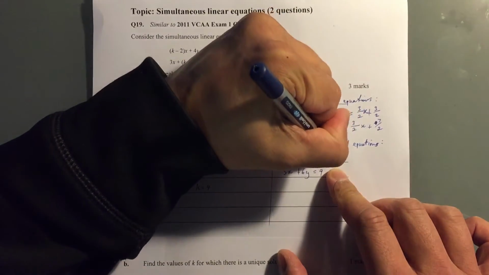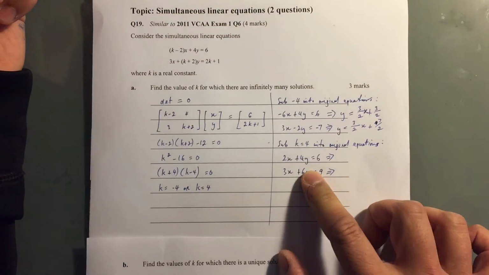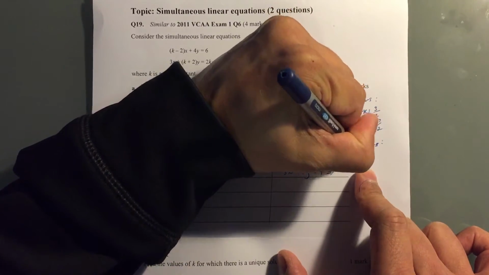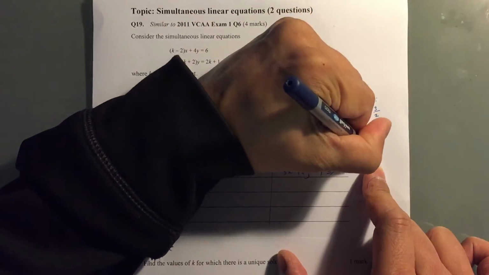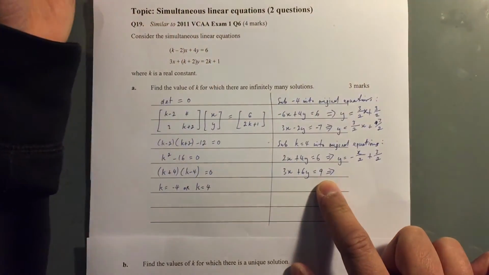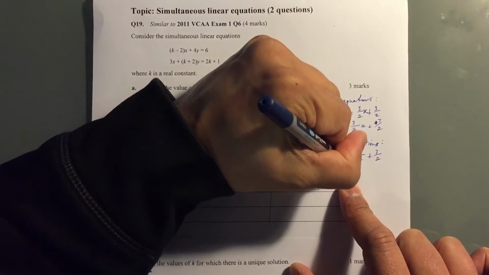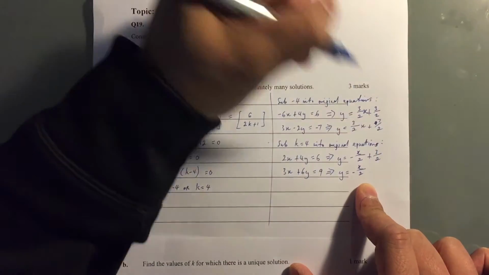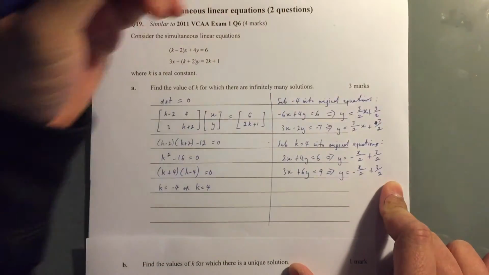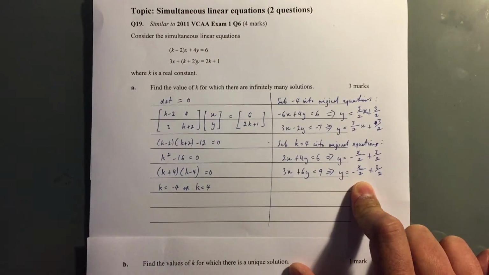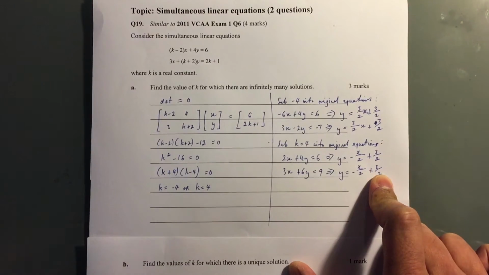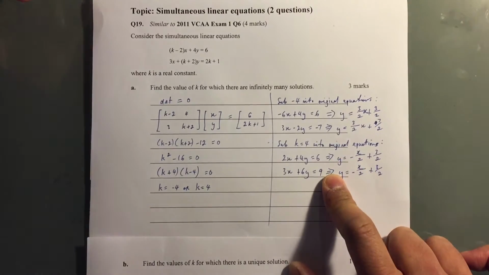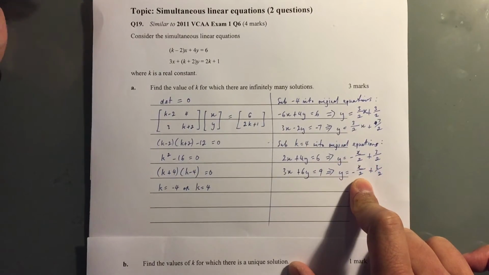Same process, I'm going to make y the subject for each of these. So over here I've got y is negative x on 2 plus 3 on 2. And over here I've got y is equal to negative x on 2 plus 3 on 2. Okay, so here we have the same gradient and the same y-intercept. So I'm happy that when k equals 4, we have infinite solutions because these are representing essentially the same line.